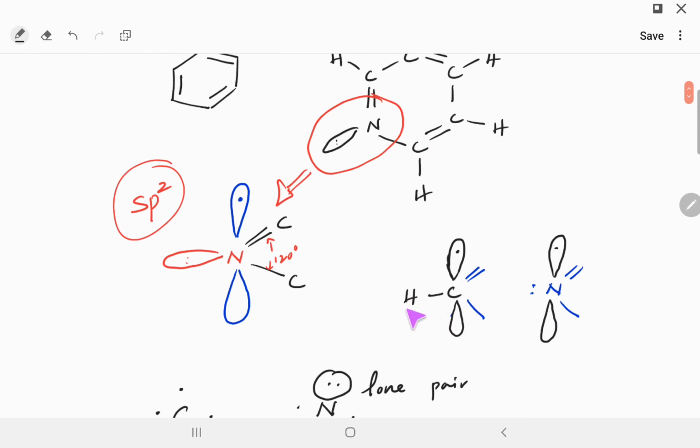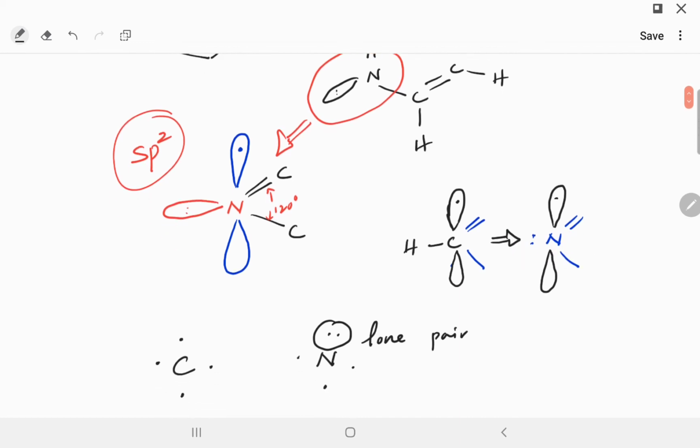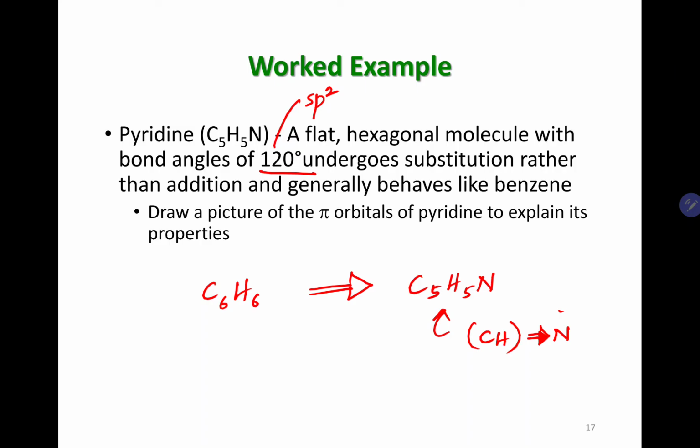I'm replacing the carbon and hydrogen with the nitrogen, but since it already has a lone pair, this lone pair will replace the carbon hydrogen bond, and then you will use 2 electrons to form the double bond and this one to form the single bond. So this is the single bond, this is the double bond. Are we clear?